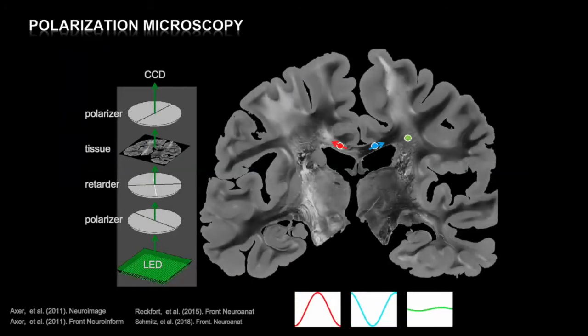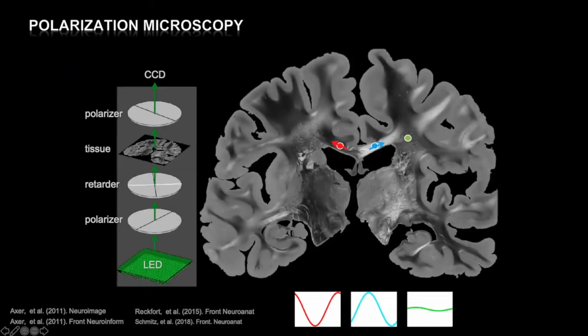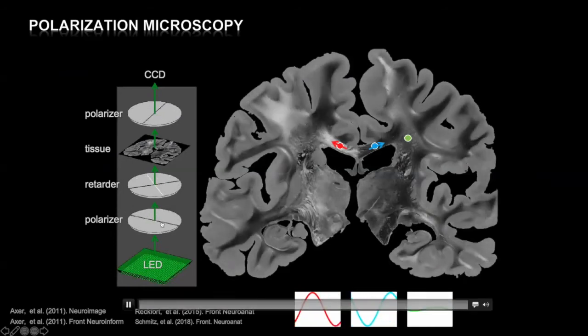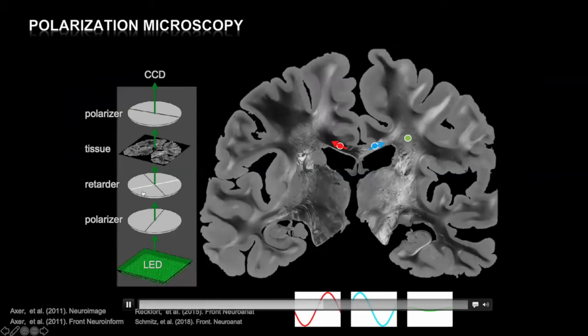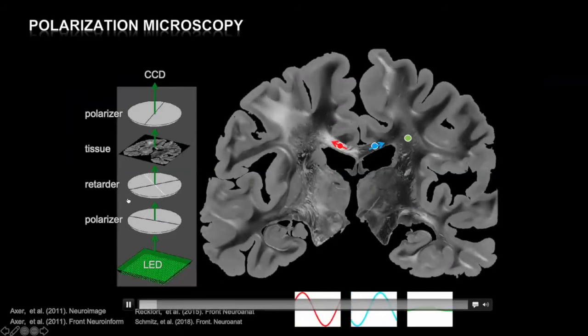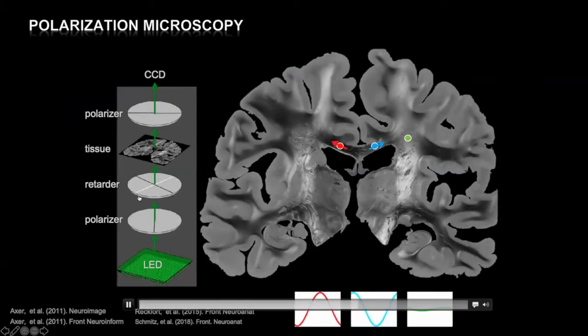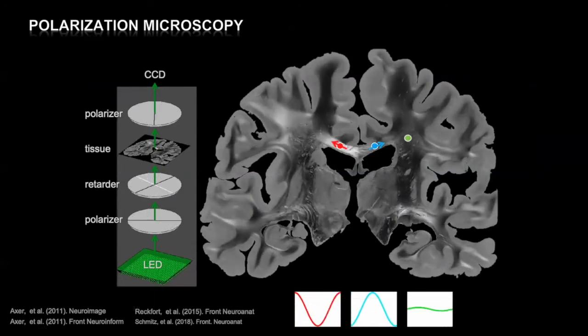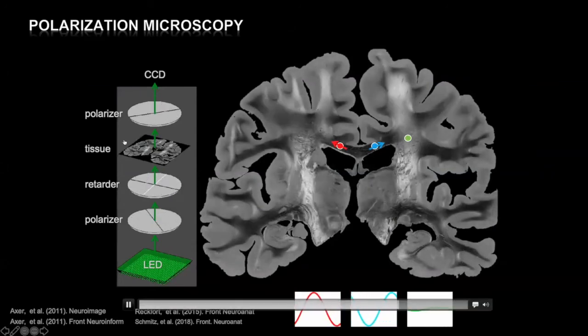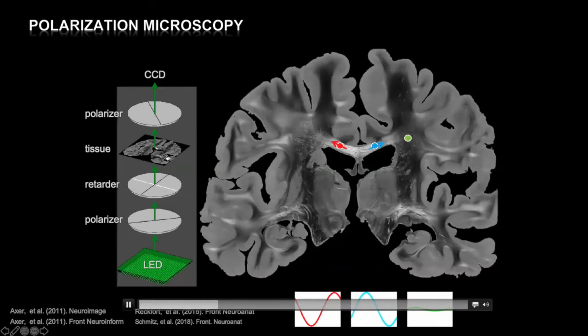We need polarizing filters: two linear polarizers and one quarter wave retarder, and these filters rotate around the fixed, stationary sample.